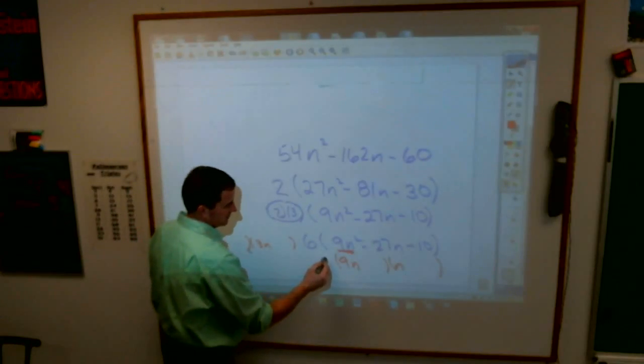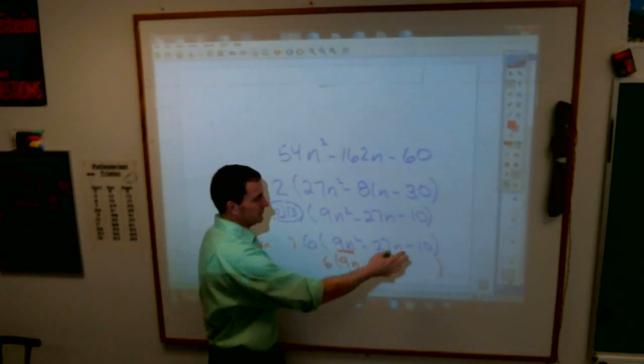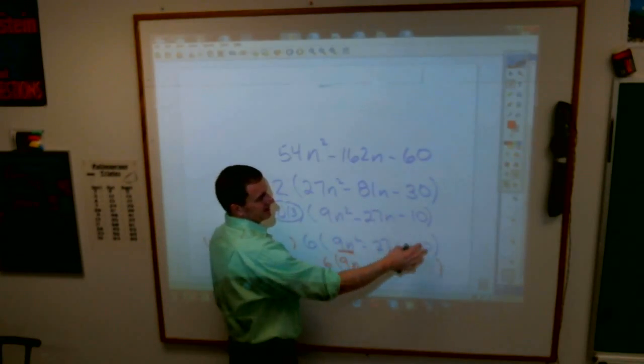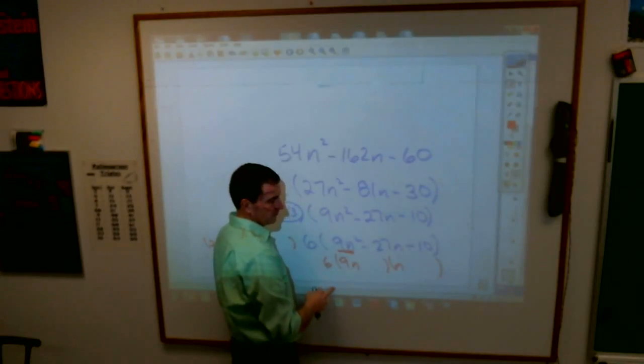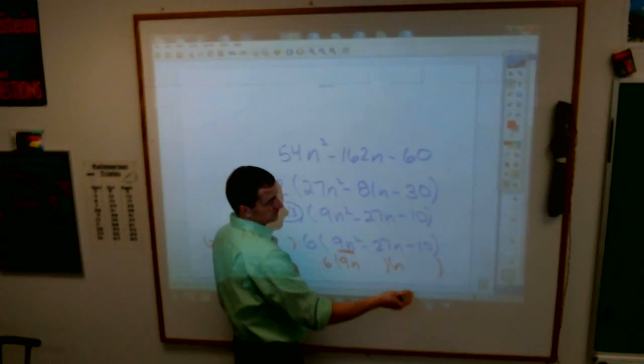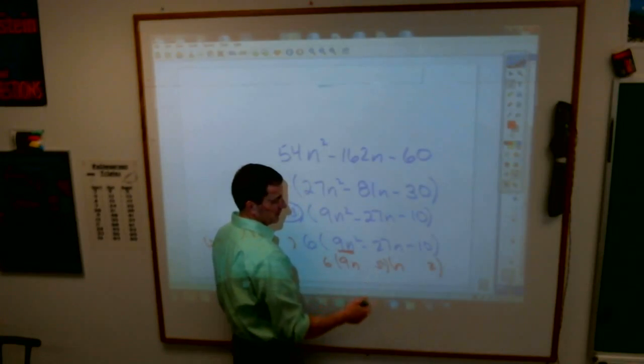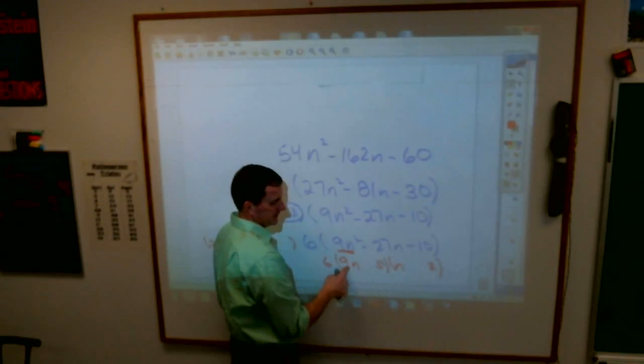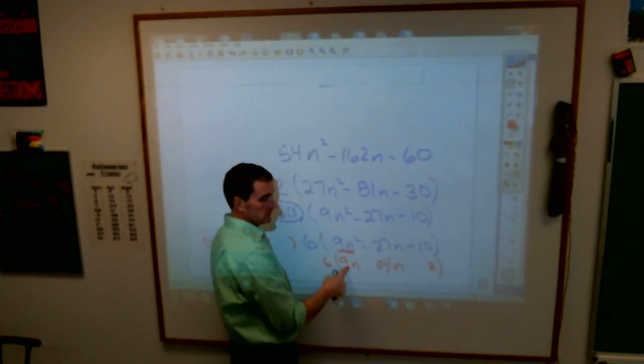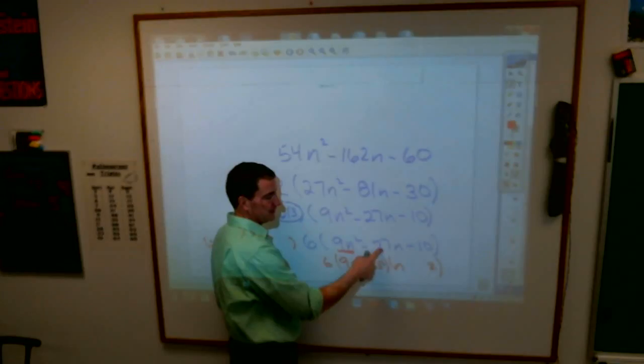I don't know what it is. I'm going to try. Let's try negative 10 and 27 here. Nice thing is 10 only splits up a couple different ways, and I wouldn't go 10 and 1. Let's go 5 and 2. If you put a 2 here and a 5 here, that gives you 5 and 18, correct? Can you get 27 from 5 and 18?